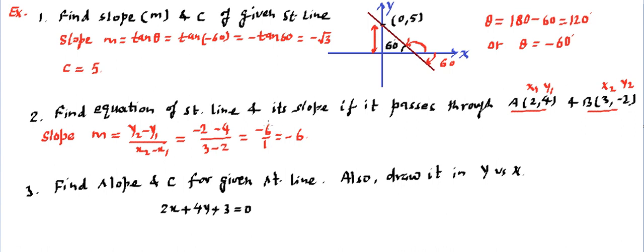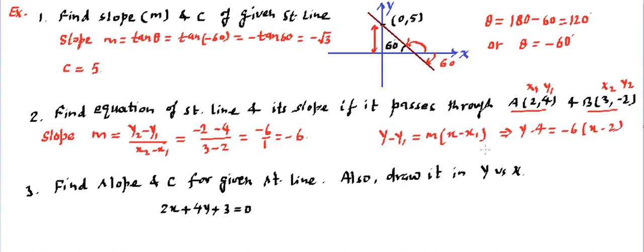Then we know the equation of a straight line passing through two points. That equation can be written as y minus y1 is equal to m times x minus x1. Or you can replace this m by the big expression y2 minus y1 upon x2 minus x1. So from here we can find the equation. That equation is y minus y1, which is 4, is equal to m, which is minus 6, times x minus x1, where x1 is 2.